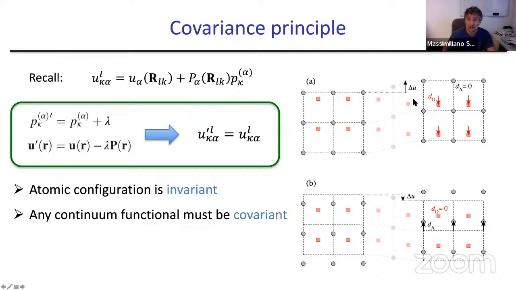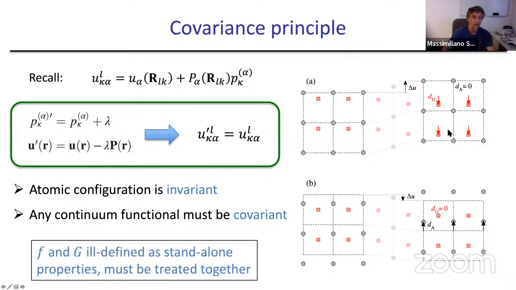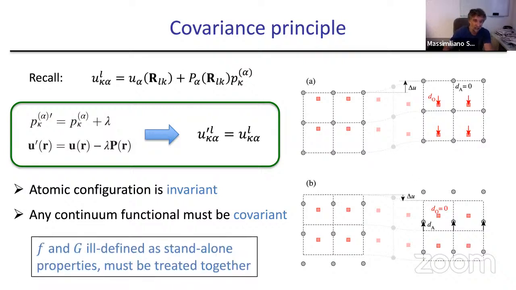On the right side, you have a sort of pictorial representation of how this works in the context of a ferroelectric domain wall. You have the atomic structure here, you can change the definition of delta U and of the polar distortion, and you get two different pictures from the same atomic structure. And this is what I just said before. We must treat together F and G, flexoelectricity and polarization gradient, in order to get a well-defined theory.